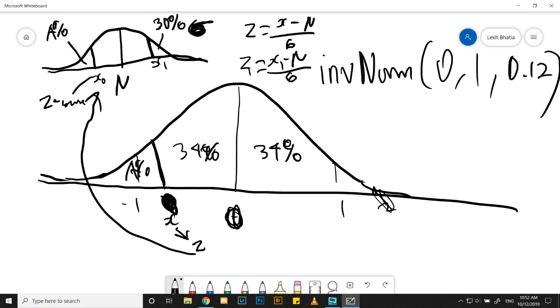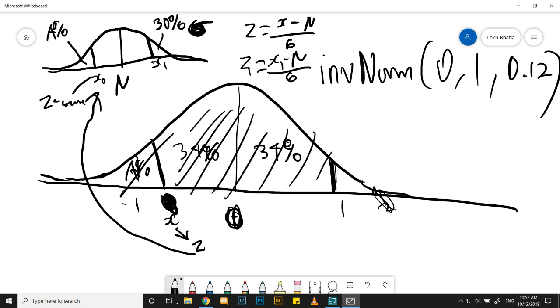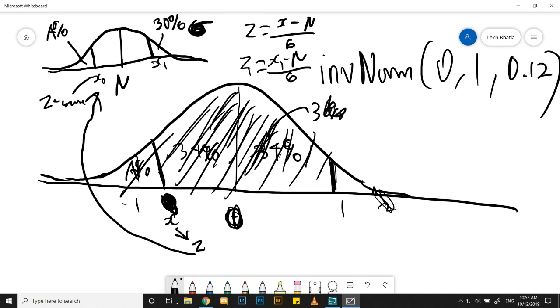When you're plugging into the inv norm, if you put 30%, it's going to give you a different z-score to what it actually is, because when it calculates the z-score, it looks at this whole area to the left of this function. So what you're telling it when you're saying that it's 30% is that this is 30%, when that's not the case. This is actually 70%.